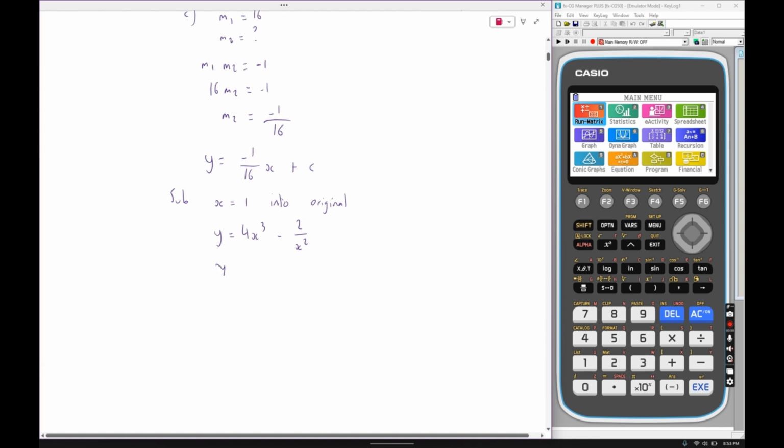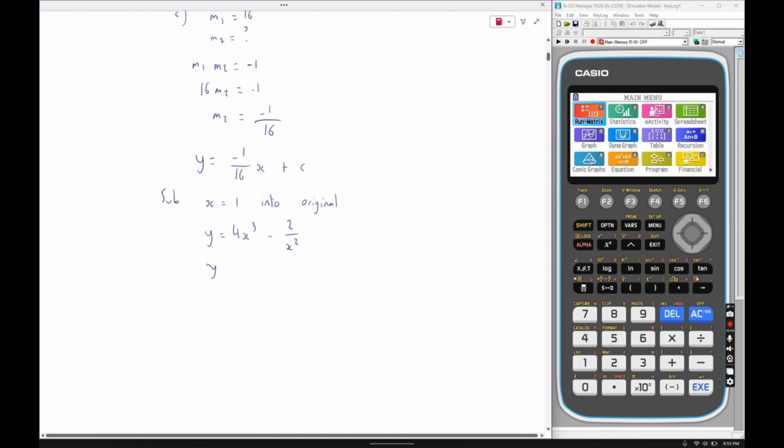So I'm going to have y equals 4 times 1 cubed minus 2 divided by 1 squared, which is just going to be 1 anyway. So 1 cubed is 1, 4 times 1 is 4. 2 over 1 squared is the same thing as 2 over 1, which is just 2.